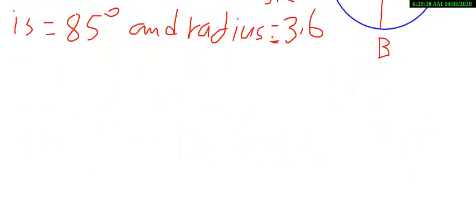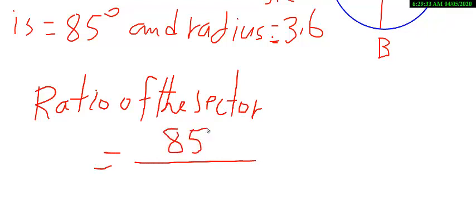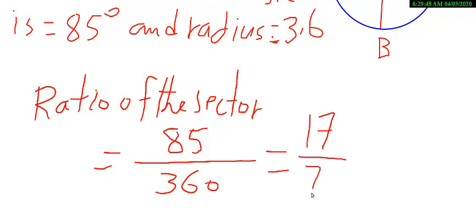So ratio of the sector equals 85 over 360. It will be my ratio. So I'm gonna divide it, 85 over 360. The final result will be 17 over 72, and this will be the ratio of the sector.